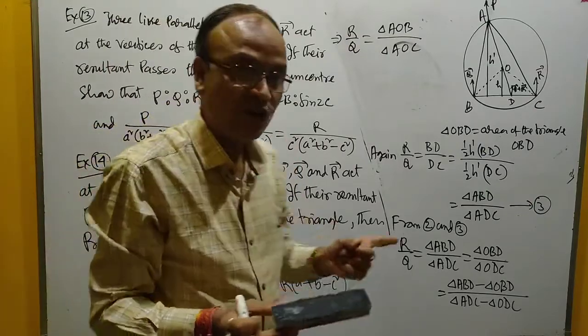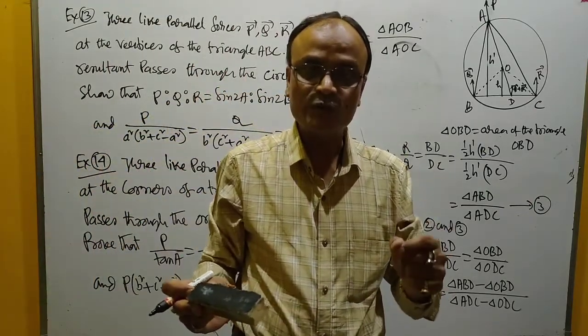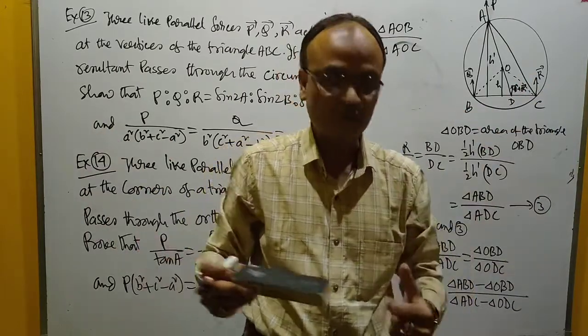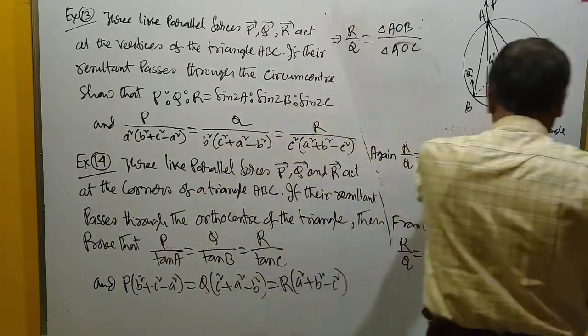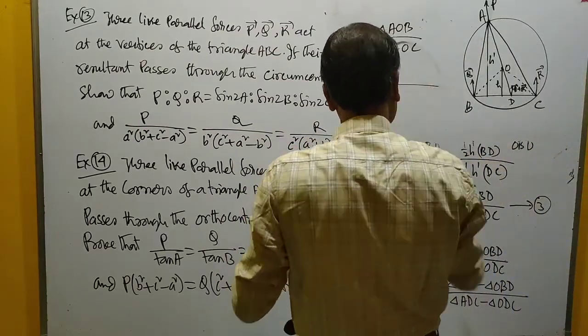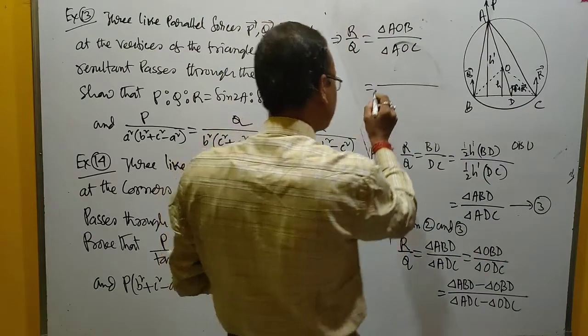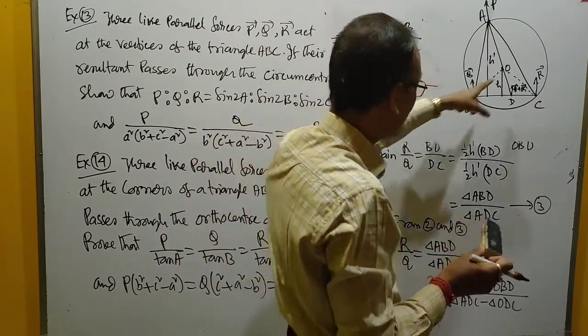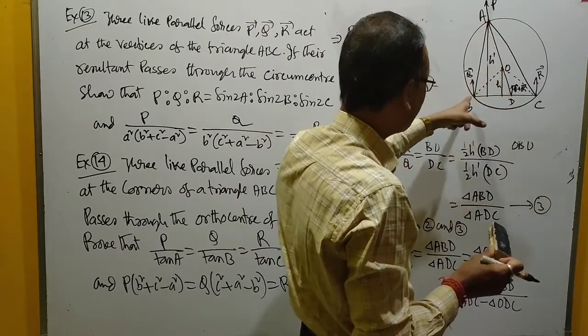Now, the area of a triangle ABC equal to half into product of any two sides into sine of the included angle. Half into product of any two sides. AOB, consider the triangle AOB.